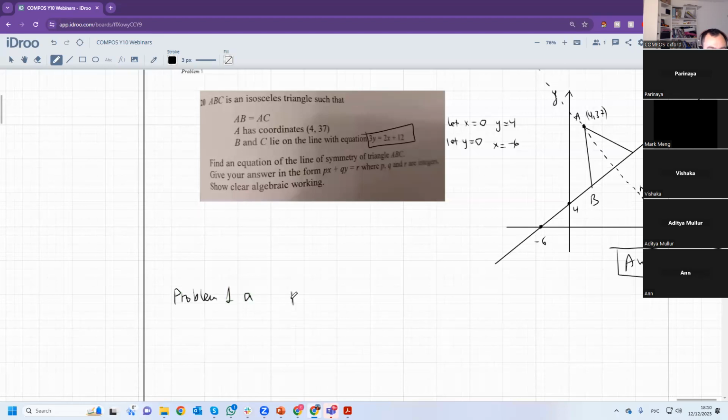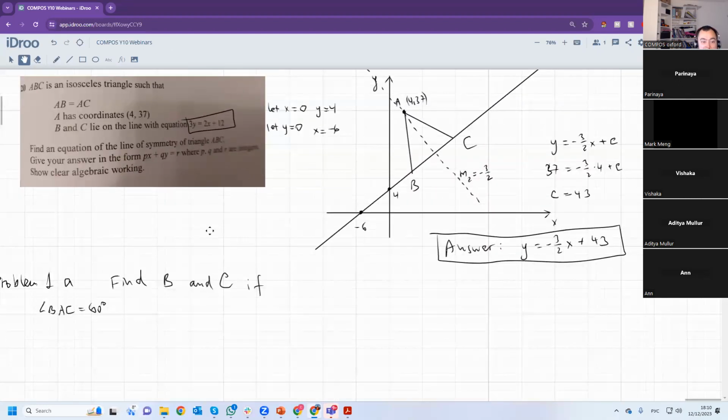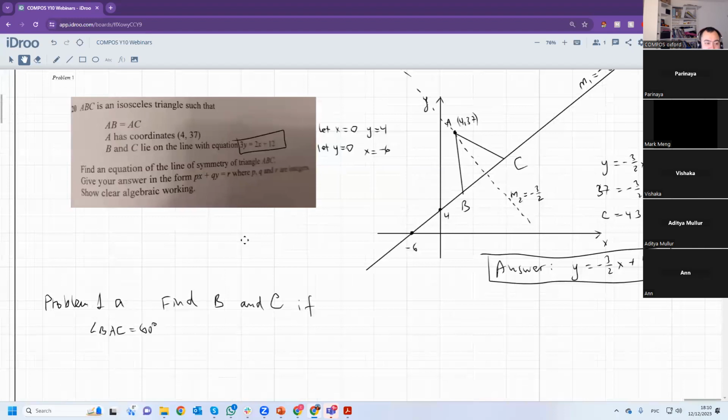Find B and C if angle BAC is equal to 60 degrees. What would that imply? Find B and C. What would happen if the angle was 60 degrees? What does that mean?